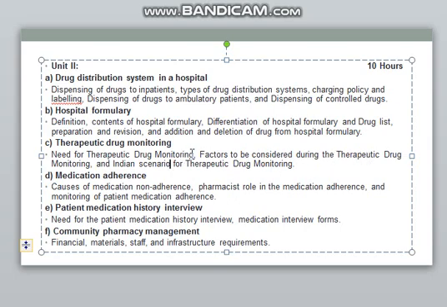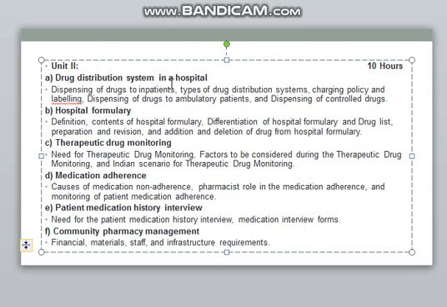There are different factors which affect drug efficacy or therapeutic response, like age factors and disease factors. Here we are going to read about drug monitoring.